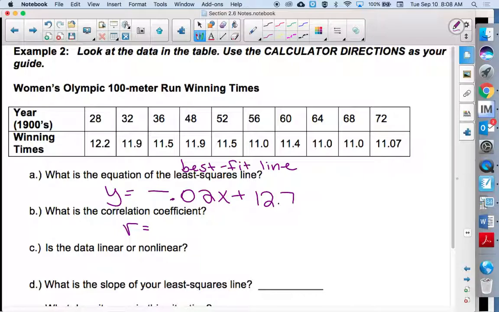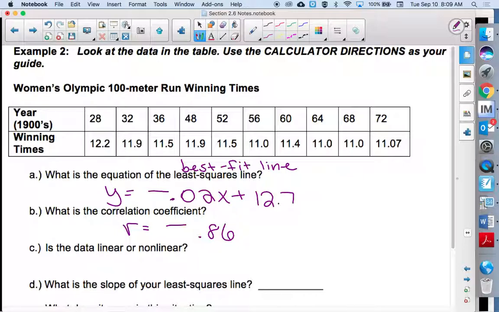What'd you get for R? Negative 0.86. Why is it negative, Jack? Just by looking at the table, why would it be negative? Because the times go down. Yeah, the times are going down. People are getting faster as time is increasing. So because those times are decreasing, our line is going down.